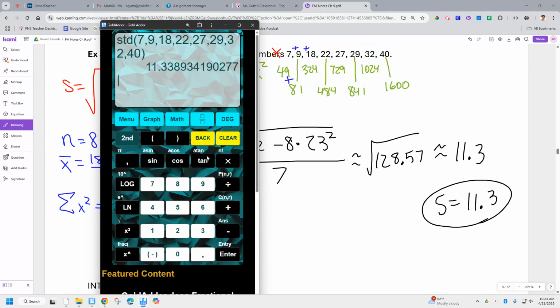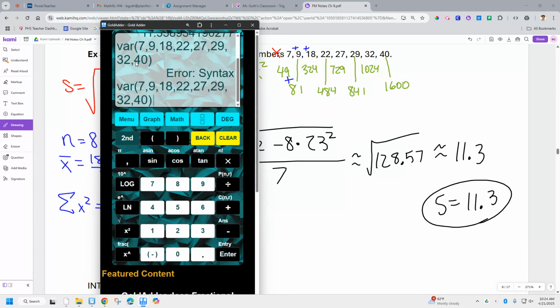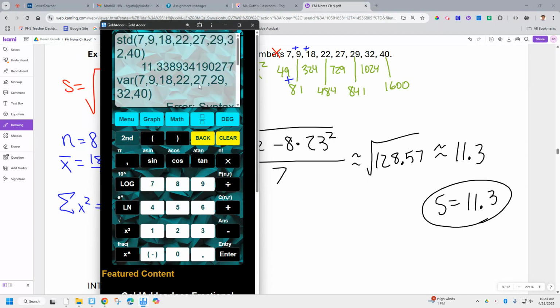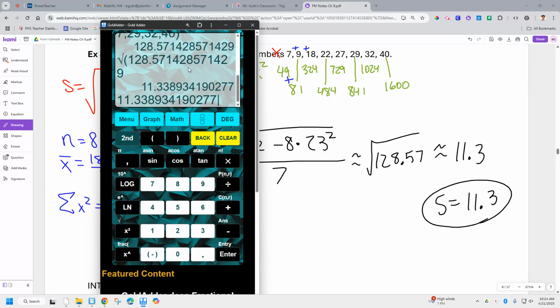Yeah? All right. Notice we can also do variance. Yeah, variance. But remember, the standard deviation is the square root of the variance, so we could just have taken this and squared it.